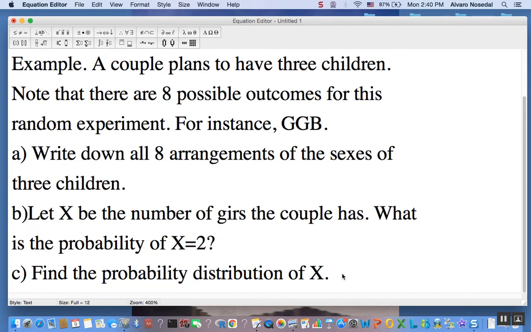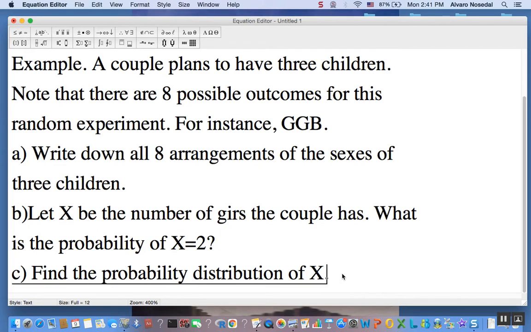Maybe you remember that at the end of chapter 2, the concept of random variable was mentioned. So a random variable is a real valued function for which the domain is a sample space. Or, in other words, a random variable assigns a real number to each outcome in the sample space. Make sense?